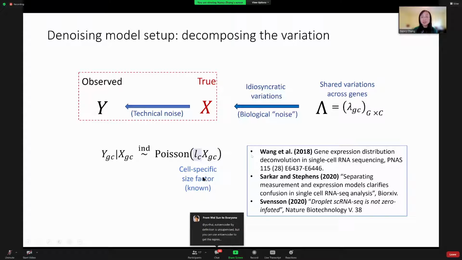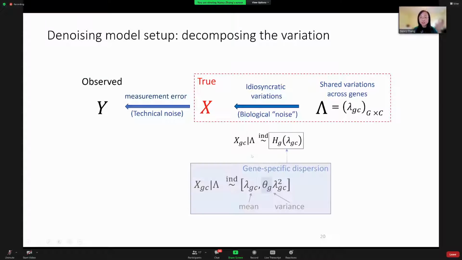That's the cell-specific library size. So there's a cell-specific library size parameter, and there's a gene-specific dispersion parameter.